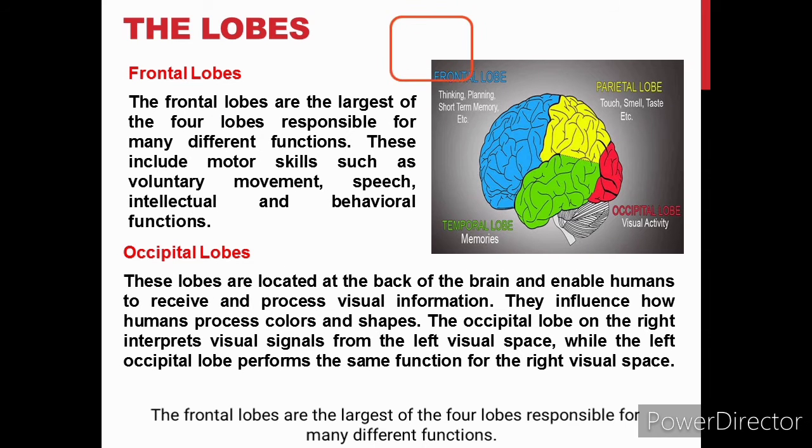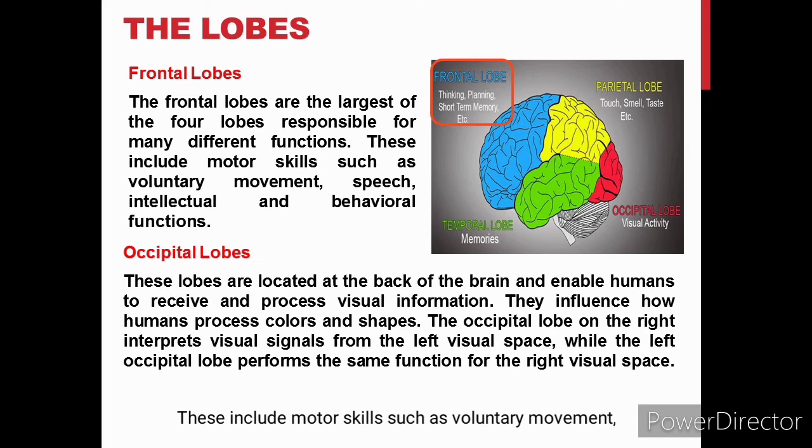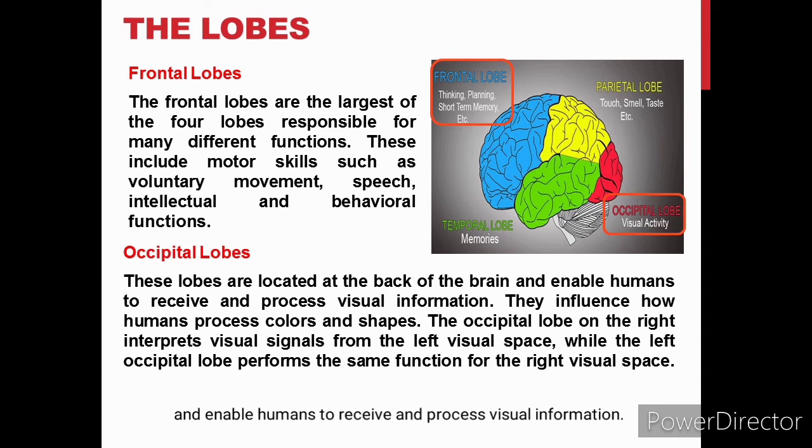The frontal lobes are the largest of the four lobes, responsible for many different functions. These include motor skills such as voluntary movement, speech, intellectual, and behavioral functions. The occipital lobes are located at the back of the brain and enable humans to receive and process visual information.